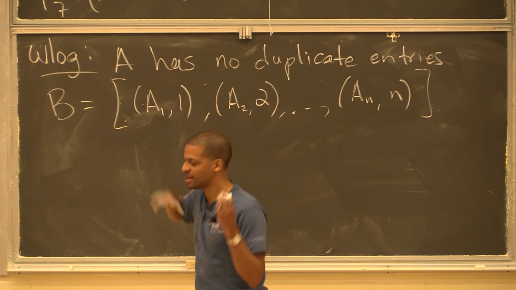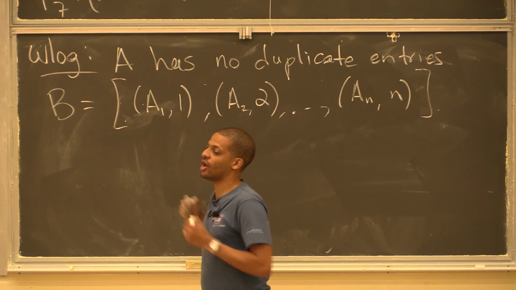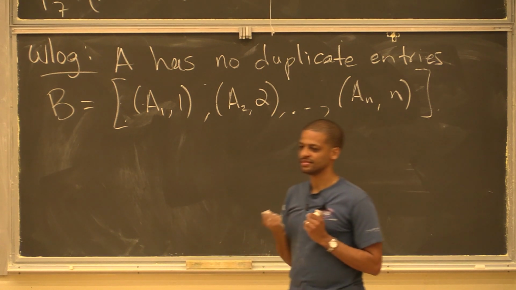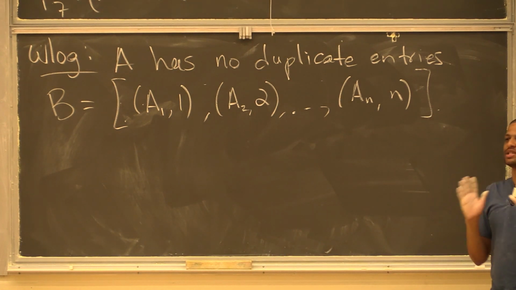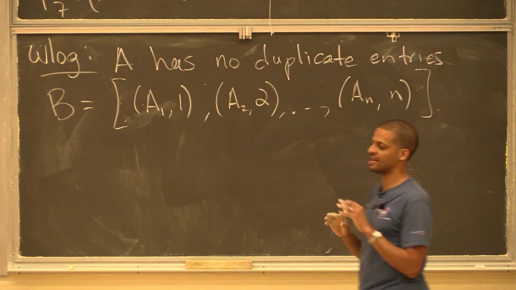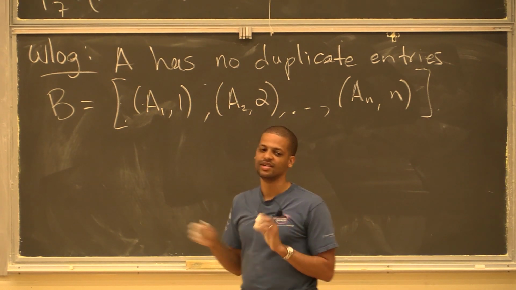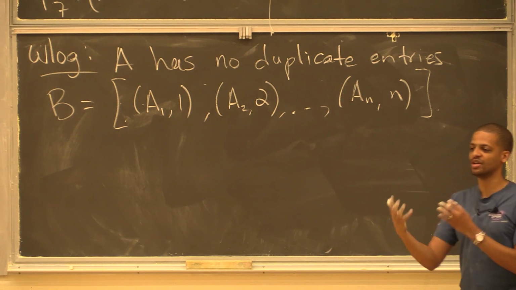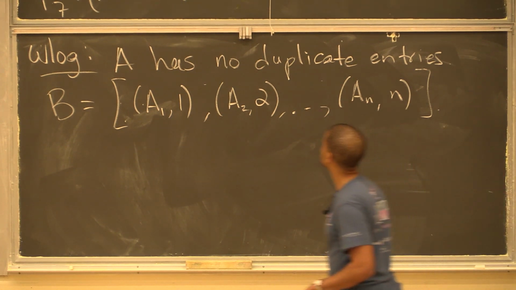I'll take my input, do this transformation, and then feed B into the algorithm. So from now on, we can just pretend that all the entries in the array are distinct. It is possible to deal with duplicates, I just don't want to have to manage entries equal to the pivot separately.